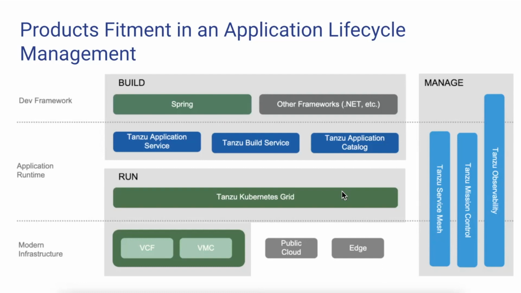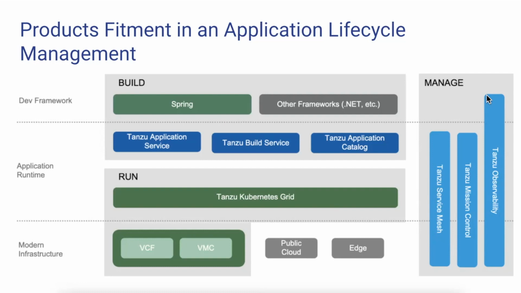From the Tanzu portfolio perspective, this is the one, but essentially you can bring other Kubernetes flavors here as well, like EKS, maybe AKS, or GKE services in the application runtime space. Obviously, all these are certified across different environments. It can be a VMware environment running on-prem. It can be a VMC type solution like VMC on AWS or Azure VMware Solution. And we can also run this on a public cloud environment as well as on edge locations.